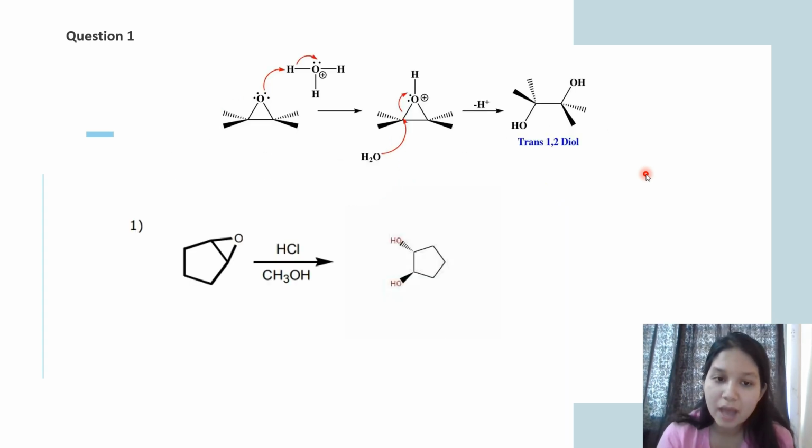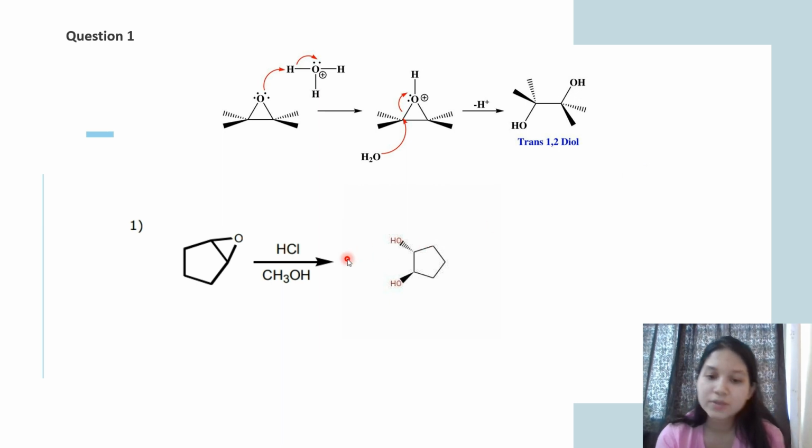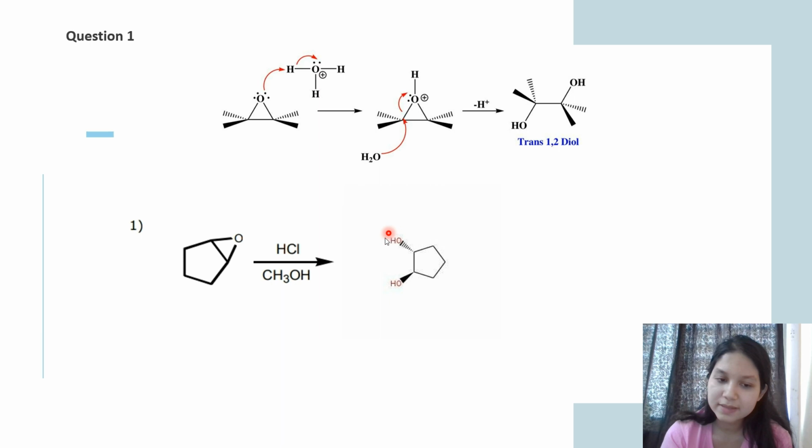So in our question, we had to treat this pentene oxide with hydrochloric acid in presence of methanol. So just like the mechanism I have shown you now, you can easily guess the product. What will it be? The product will be a trans 1,2 diol.